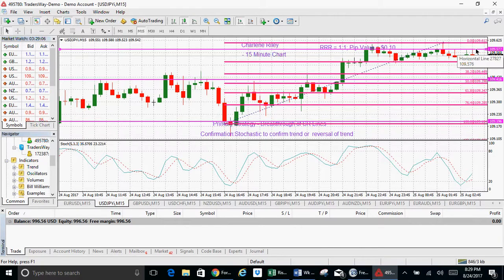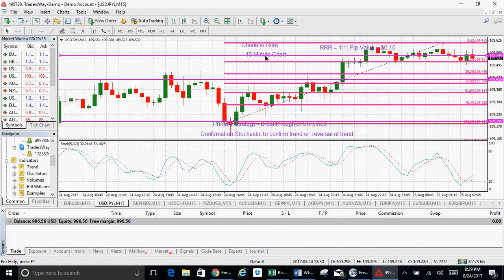Looking at the USD JPY, I'd be looking for a trade setup. I'd be looking for a break above the 109.577 and stochastic above 50.